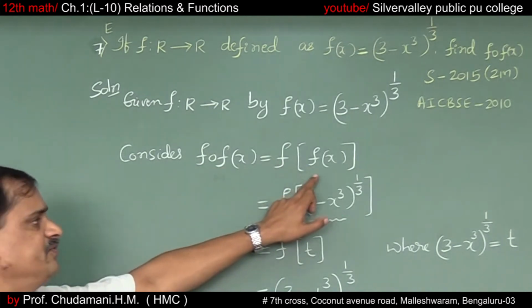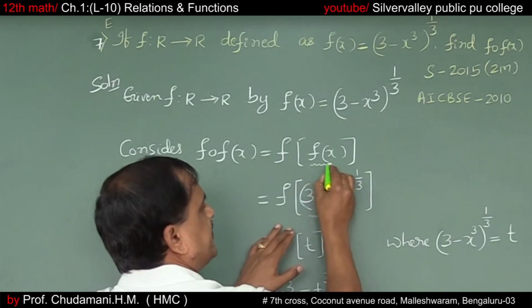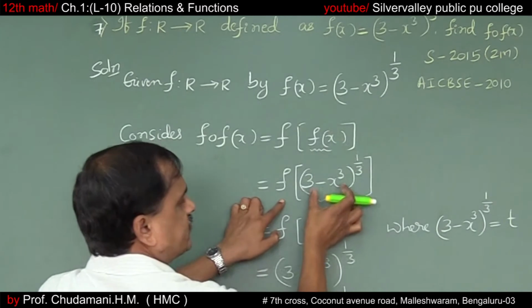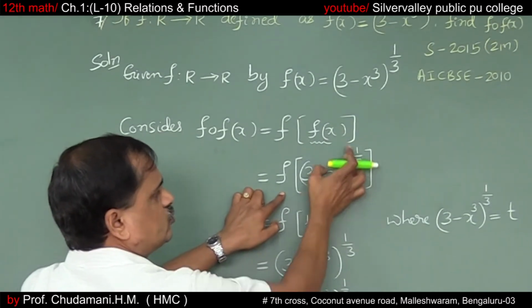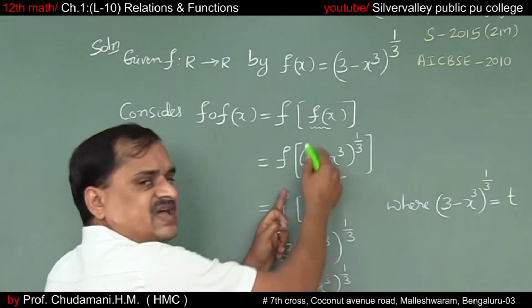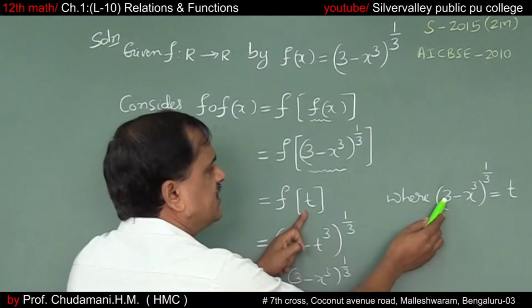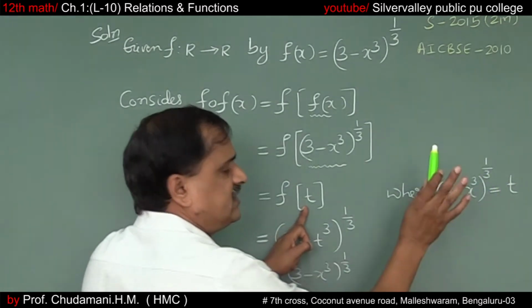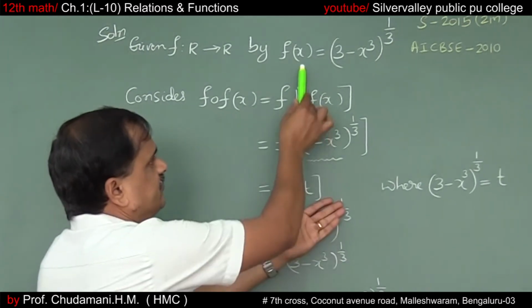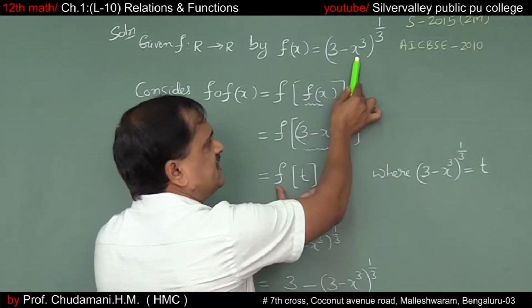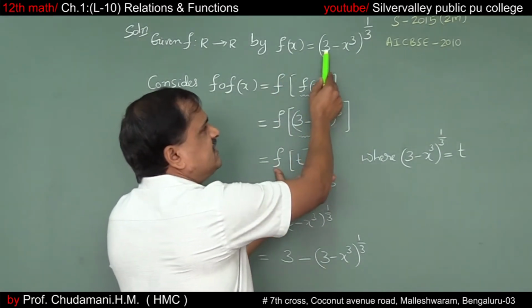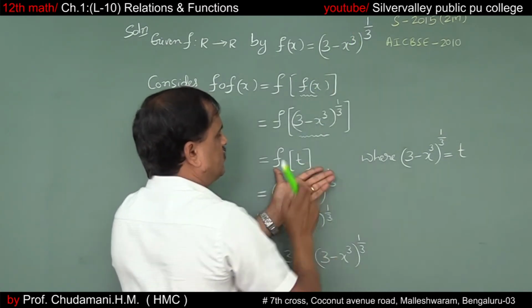So f of f of x. What is f of x actually? This f as it is, instead of f of x I have written (3 minus x cube) the power 1 by 3. To avoid the confusion, I just take this as some t. So (3 minus x cube) the power 1 by 3 I denote it as t. So this becomes f of t. f of x means (3 minus x cube) the power 1 by 3. f of t means (3 minus t cube) the power 1 by 3.